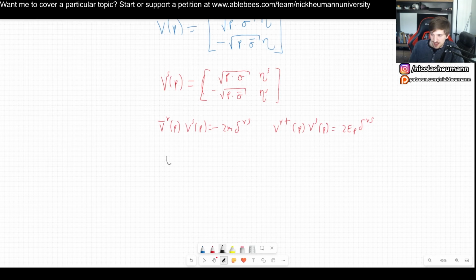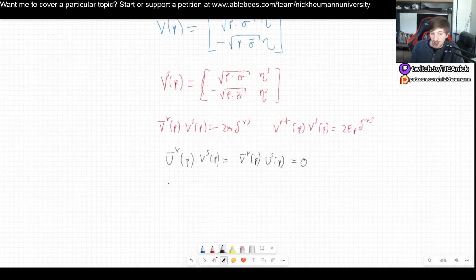So as I was saying, these quantities are going to be orthogonal to each other. So u bar^r of p and v^s of p is going to be the same as v bar^r of p and u^s of p, and that's going to be 0. So that's also very important.